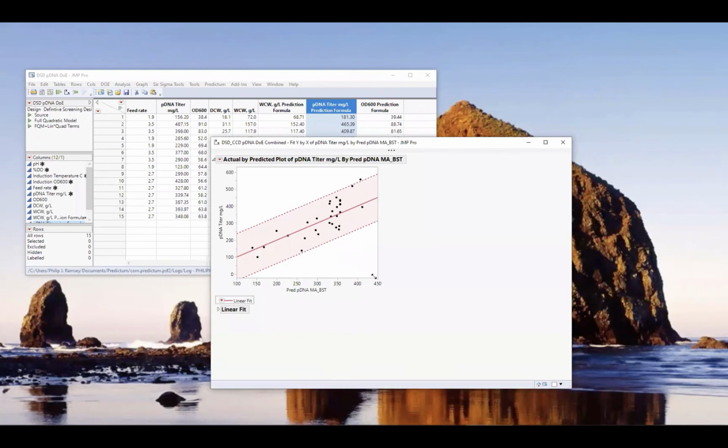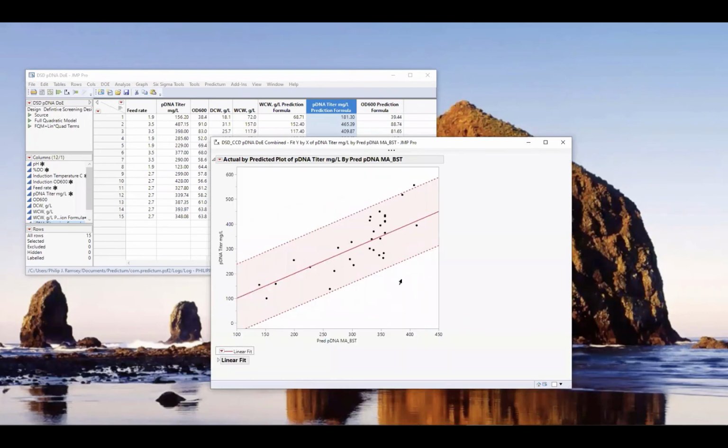Okay. So what you're looking at, and this is only on the 31 CCD runs, the x-axis is the predicted Pdna. This is using the DSD formula. Remember, the DSD is half the size of this run, okay? And then the y-axis is the actual measured Pdna.